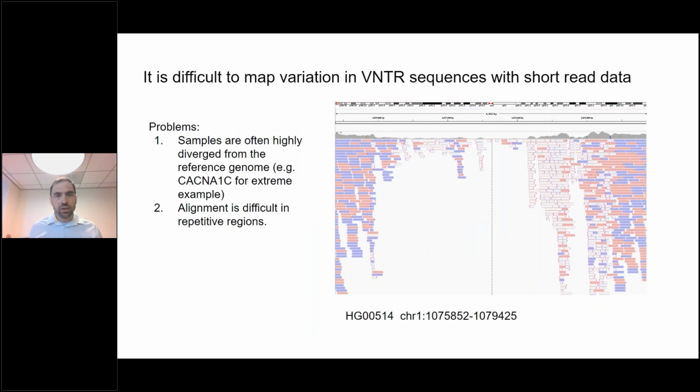But when we go to tandem repeat variation, this is a browser view where the light-colored bars represent low-quality, low-confidence alignments. We can see that there's either no coverage or low-quality coverage with the short-read data in the tandem repeat sequences. This makes it very difficult to detect variation in these types of regions when you only have short read.